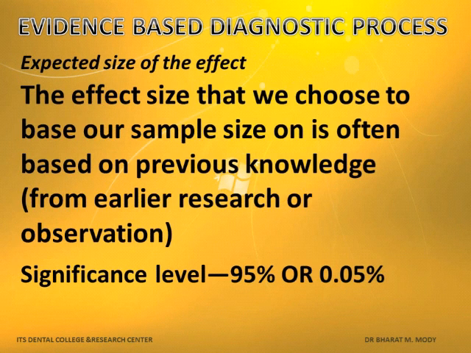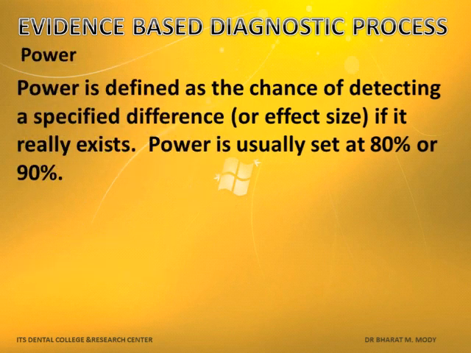The effect size that we choose for our sample is often based on previous knowledge, and that is how the significance level of 95% or 0.05 is set, according to the previous articles on the same topic, and what the other researchers have found about the effectiveness. That is what guides you in getting your significance.